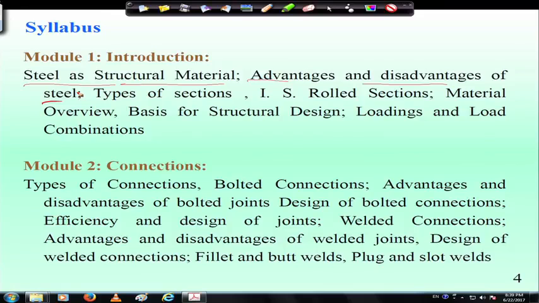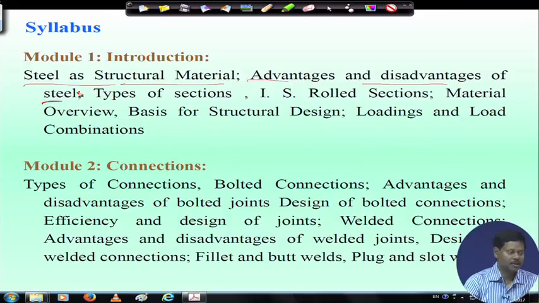So, we must know the advantages and disadvantages, and accordingly try to use it. Then we will go for different types of sections, the IS rolled sections which are available in the market, and their properties given in the code, that we will see.